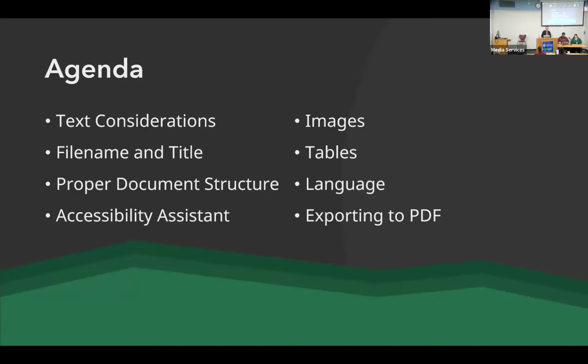So we'll also do some manual checks on the document. We'll talk about images, tables, the language of the document, or the language of pieces of your document. And then we'll talk about exporting to PDF so that you do not have to touch it. Once it's a PDF, it will be accessible, at least like 85 to 90% there, but that last little percent is okay.